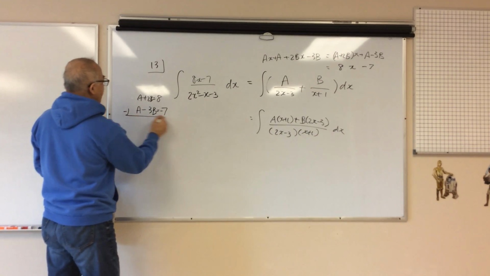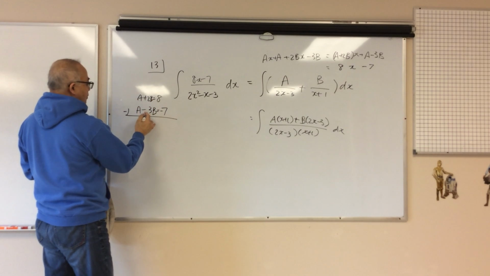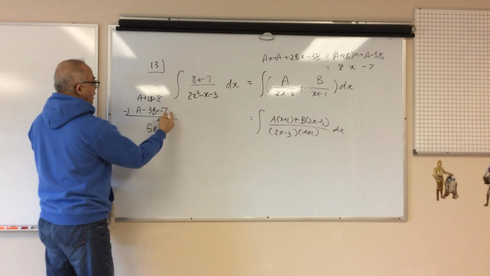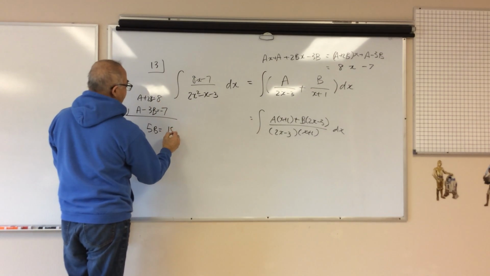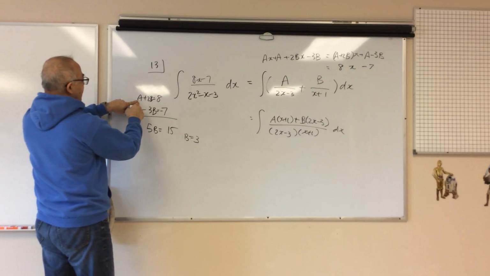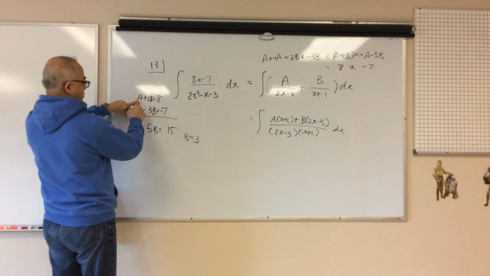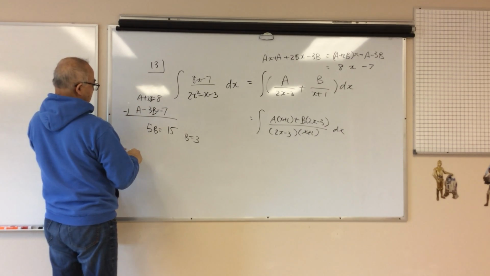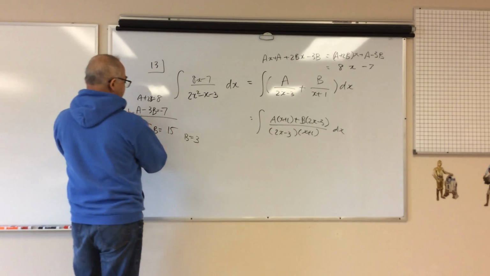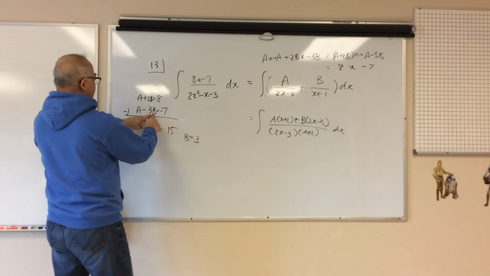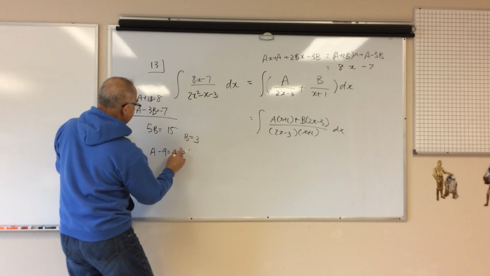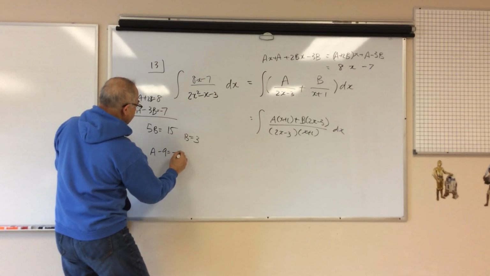So let's solve that. A plus 2b is equal to 8, a minus 3b is equal to negative 7. If I subtract, it becomes 5b equals 15, so b is equal to 3. If I put that in here, I get a minus 9 is equal to minus 7.